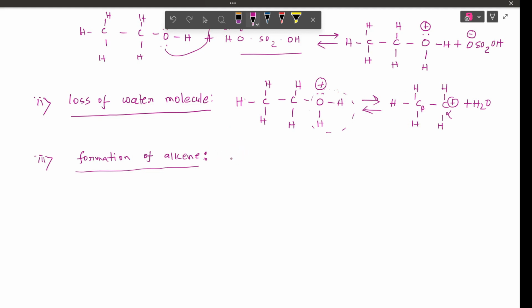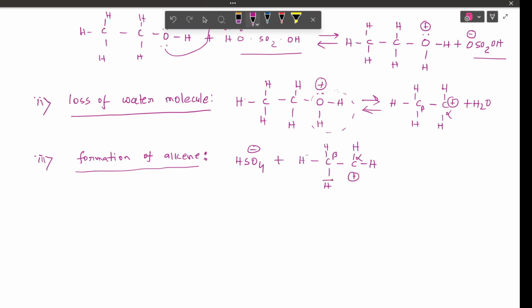So let us say we have HSO4 minus, plus this carbocation, H, CH, H, CH H. This is the alpha carbon, this is the beta carbon. So it will lose a proton from this.